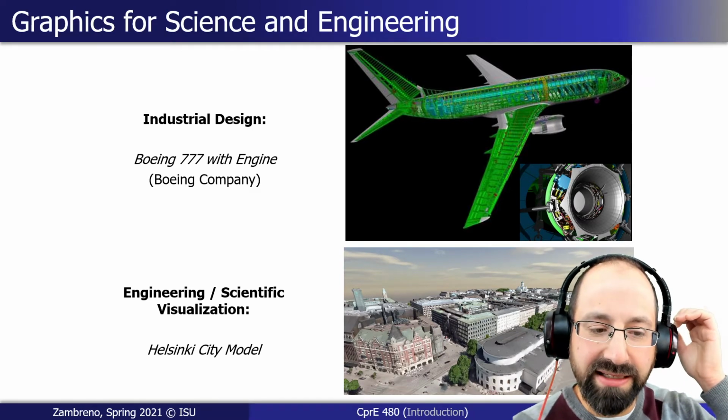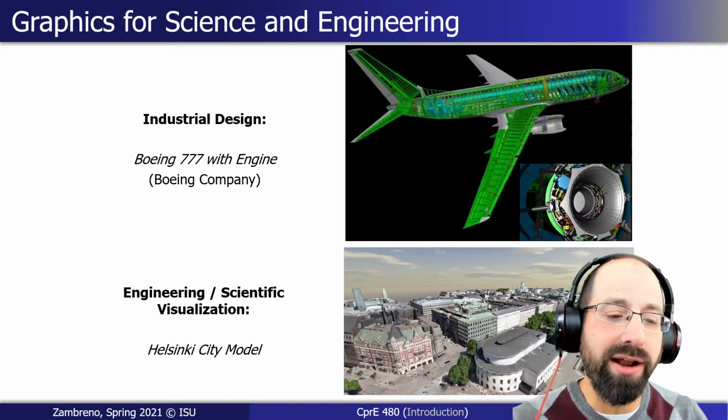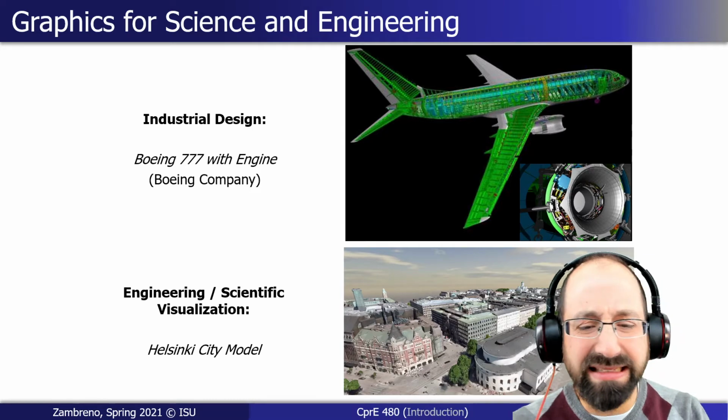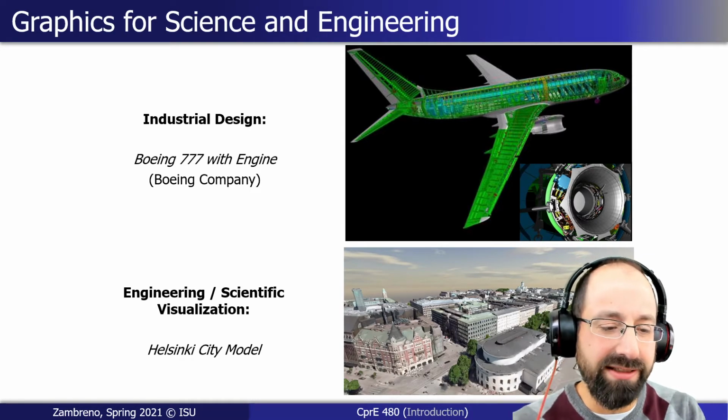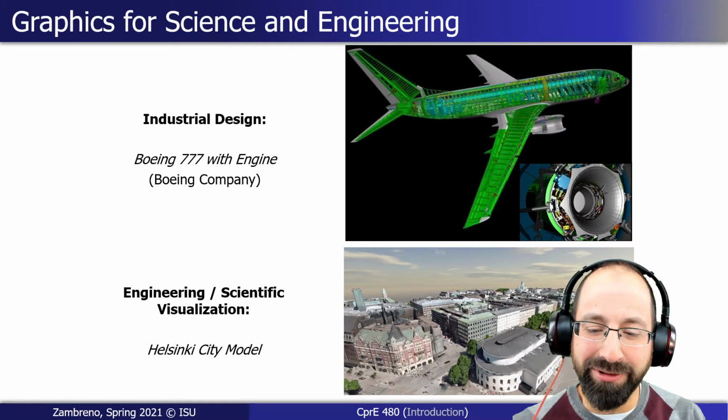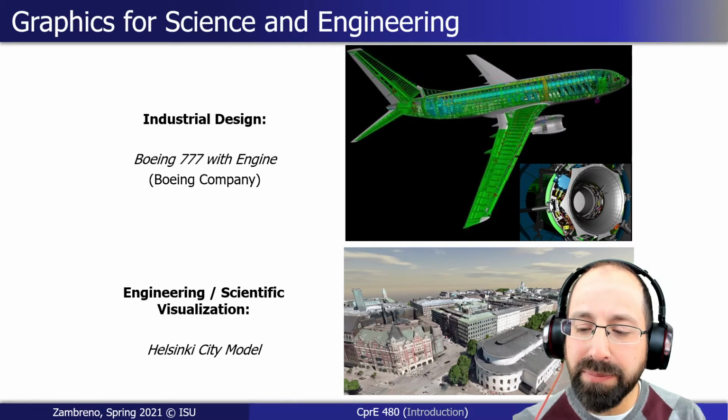So the City of Helsinki, excuse me, has a model for their entire city, with something like 700 gigabytes of meshes and textures applied to that model to be able to render the entire thing. So it's a pretty impressive model in terms of the scale of being able to render something like that.